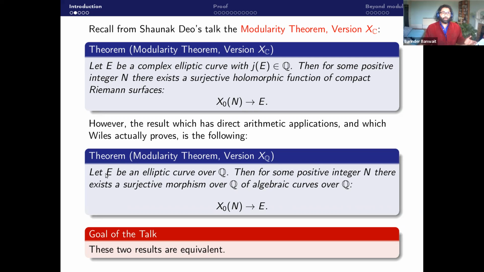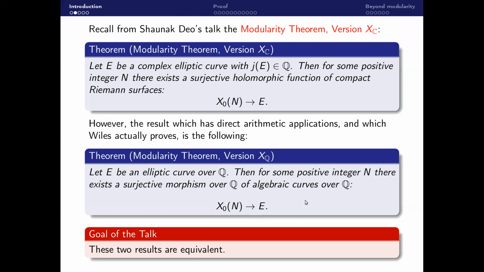No, but sorry, we are always starting with the elliptic curve being over Q. I'm not saying that we can replace Q by any number field. Q is fixed, but we can take this map and base extend, so we can regard this as being over any arbitrary field. That's all I'm saying here.